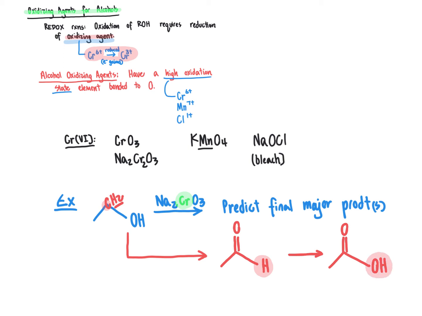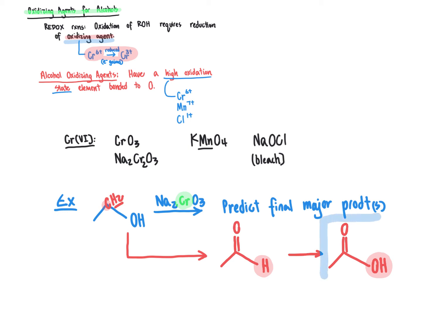So we ask the question, is the sodium dichromate going to take us from the primary alcohol to the aldehyde, or would we end up in the reaction flask with the carboxylic acid? The answer is all of the oxidizing agents that we've talked about above, including the chromium-6 oxidizing agents, the potassium permanganate, and the bleach, are all going to take a primary alcohol and typically oxidize it all the way to the carboxylic acid as the final product you would observe in the reaction flask.